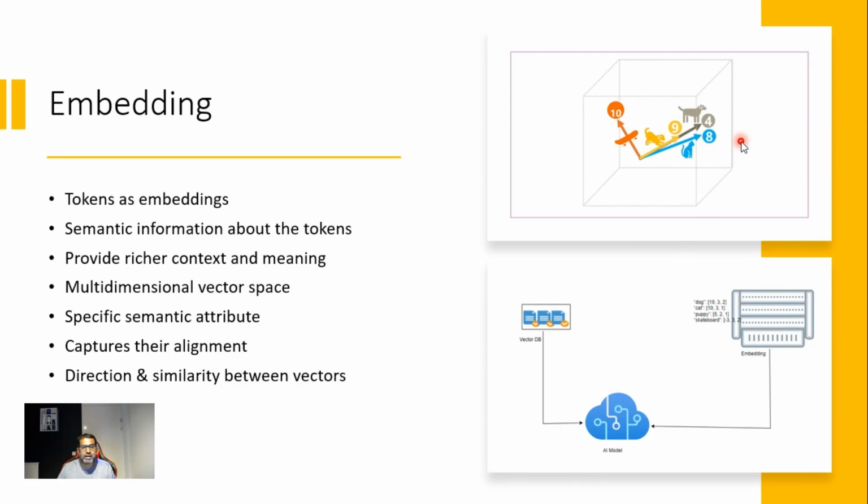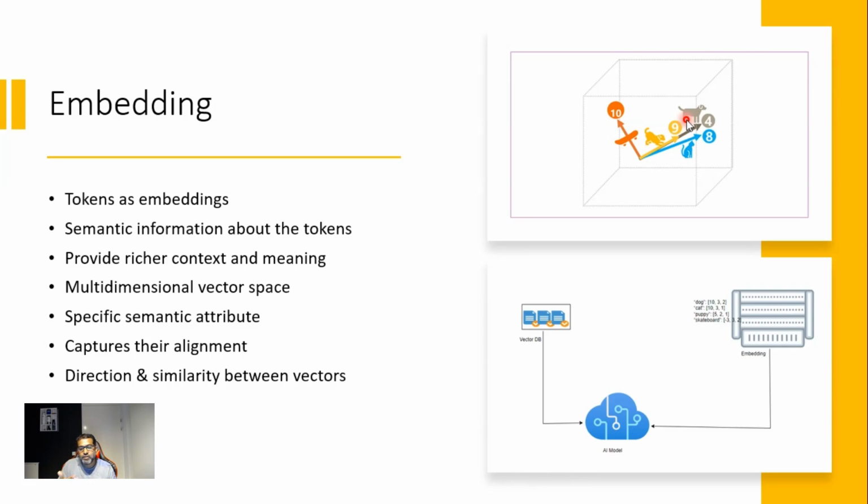What is the semantic information? For example, for the dog, it will have information about the dog: how tall the dog is, how much the dog weighs, whether the dog is a puppy or an adult.